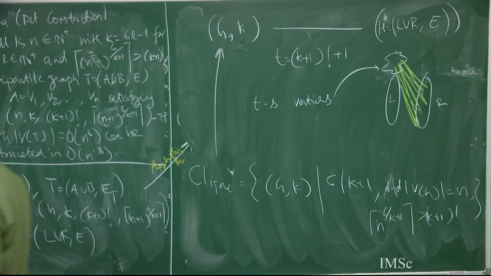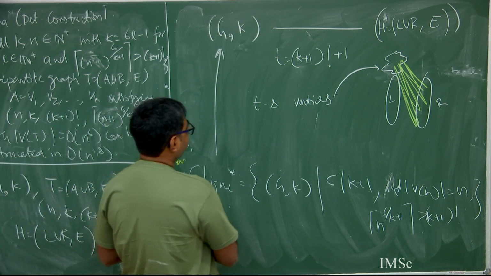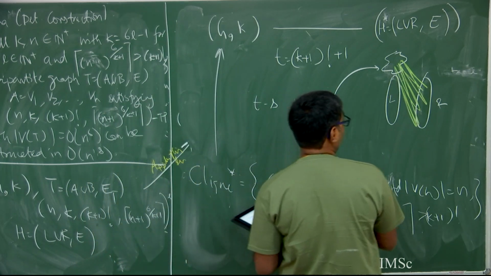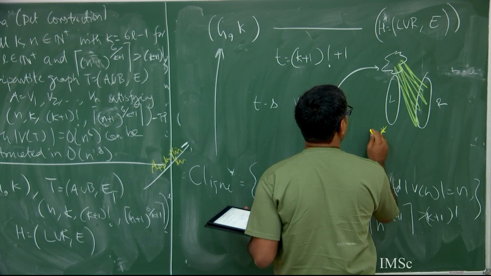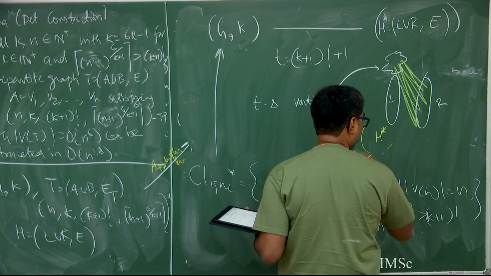See, I can only guarantee that S vertices have some threshold property, right? But look here. I can say that at most it has (k+1) factorial common neighbors, right? And what I will do now, so this is my H star graph, okay? This is my H star graph. And what is my parameter?